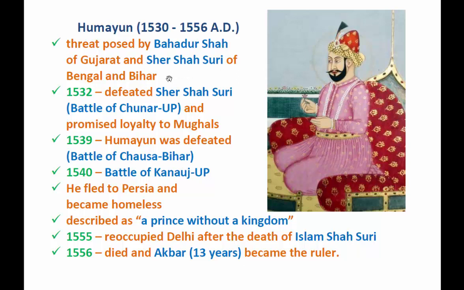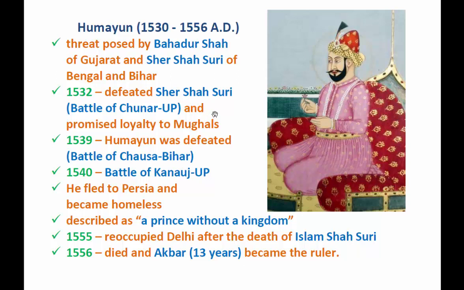During his time, in 1532, he defeated Sher Shah Suri in the Battle of Chunar. Chunar is in UP. And Sher Shah Suri promised the Mughals that he would be loyal.